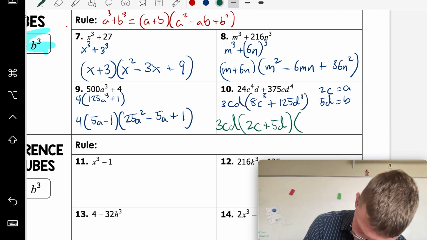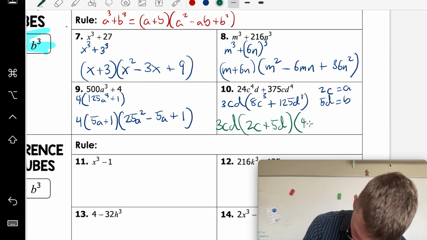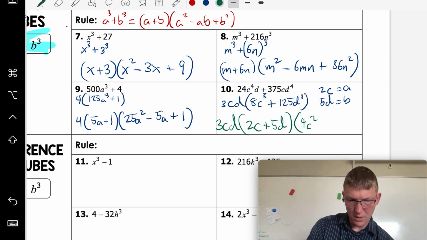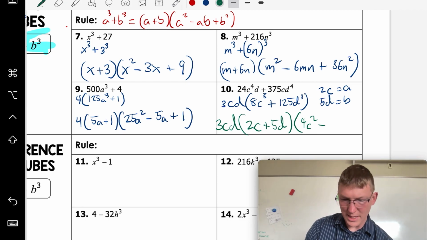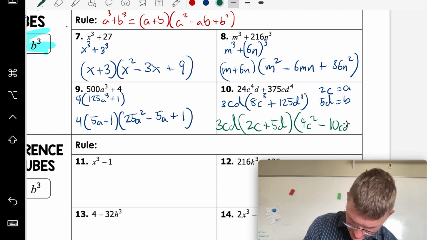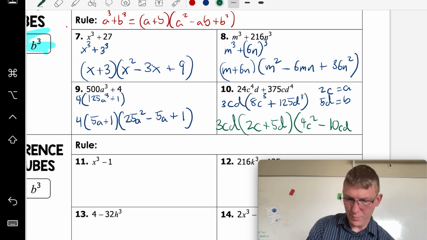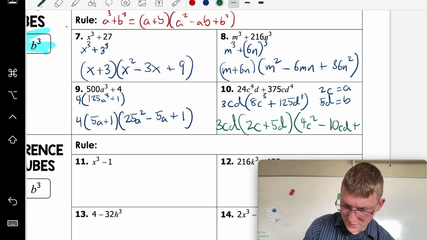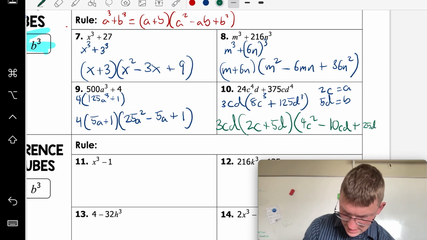So 2c squared is 4c squared minus a times b. So that's going to be 5 times 2 is 10cd. And then plus b squared, which is 5d, so 25d squared.